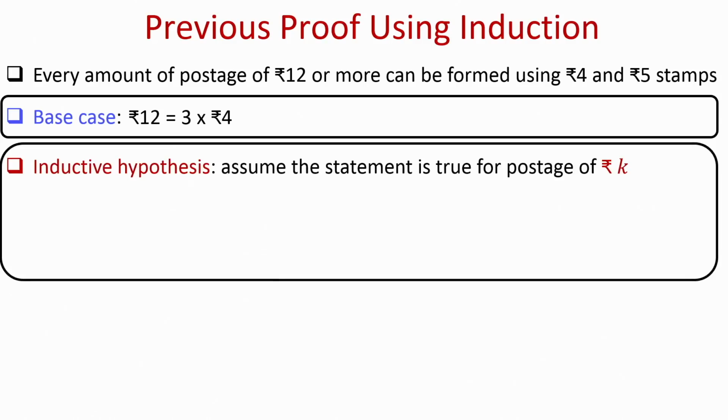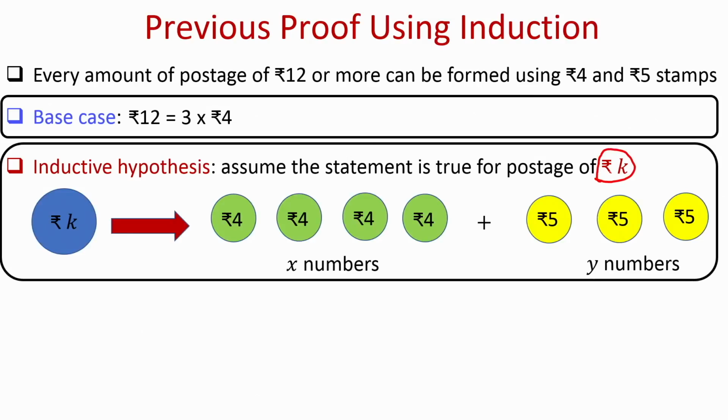While proving the inductive step, I assume the hypothesis that the statement is true only for postage of rupee k. So, since the statement is true for postage of rupee k, that means I can represent the amount of rupee k by taking x number of 4 rupee stamps and say y number of 5 rupee stamps.